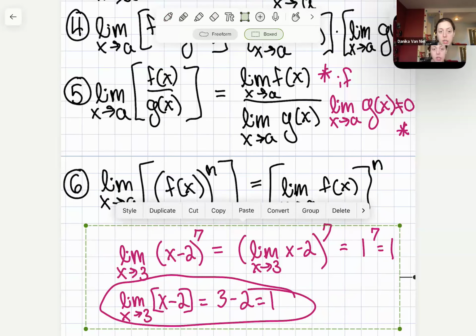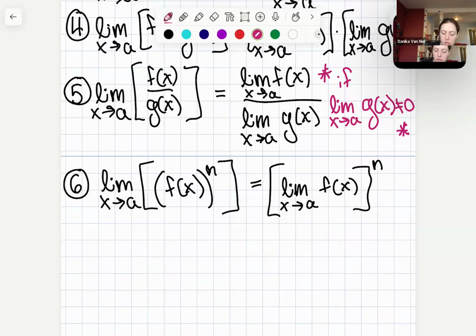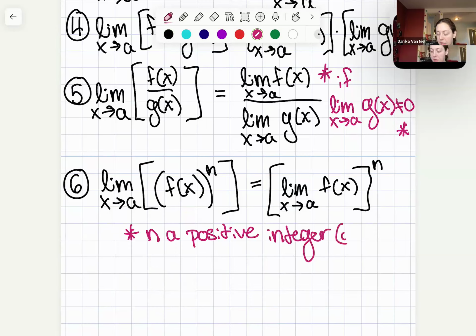And then here, it's very important that n is a positive integer. An integer is just a fancy word for a whole number.